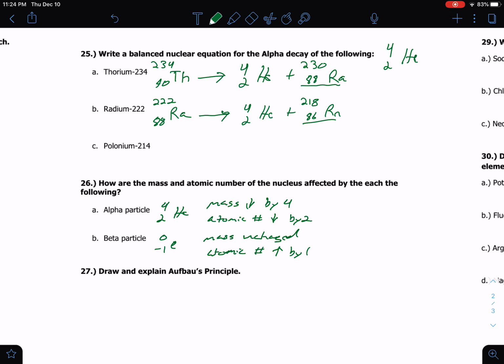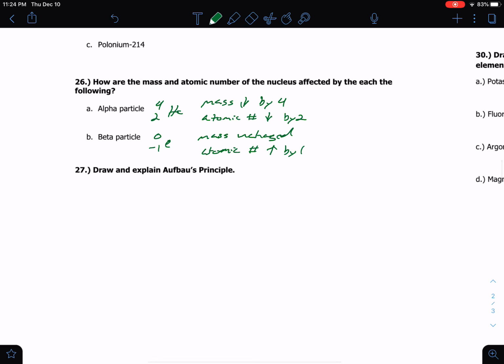Okay, so number 27, draw and explain Aufbau's principle.